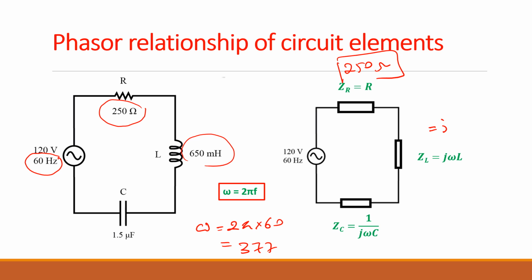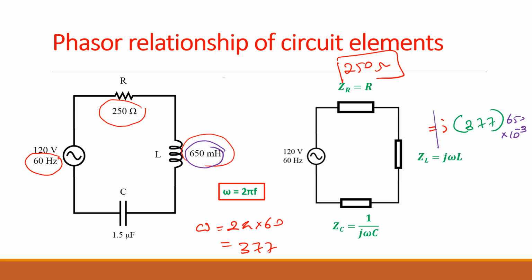So here omega will be 377. What is L? 650 millihenries. That is your inductance. You need to convert 650 milli to henries, so 10 to the negative 3, isn't it?